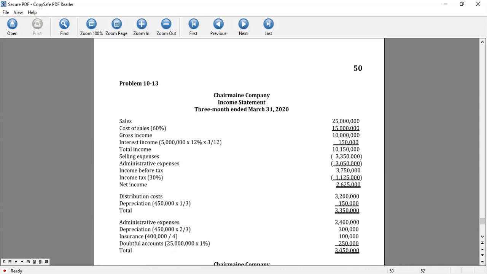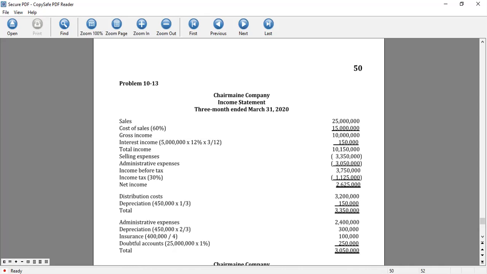The gross profit has averaged 40% of net sales, so the gross profit rate is already given.